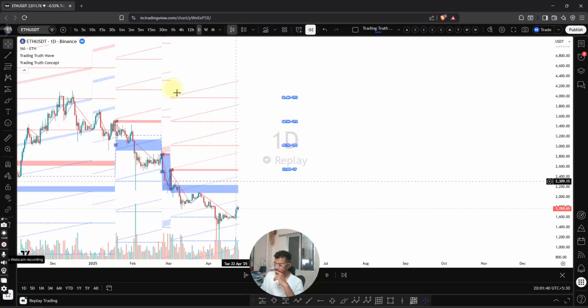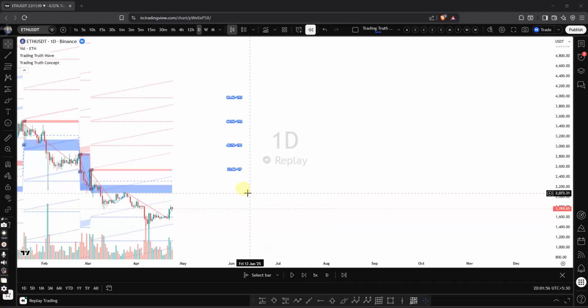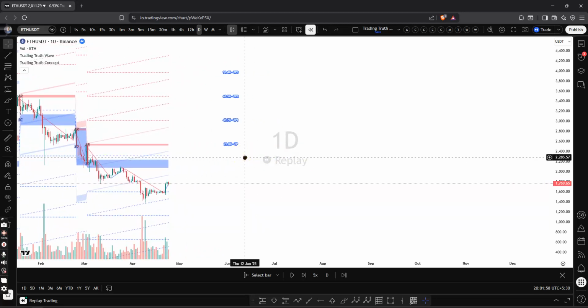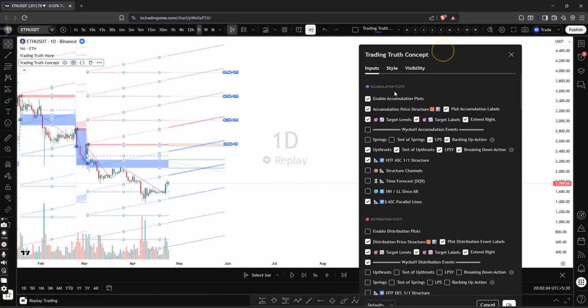Market just came down here and then boom, went up, right? And then it's taking support here and going up, right? Now I'll just extend the lines.